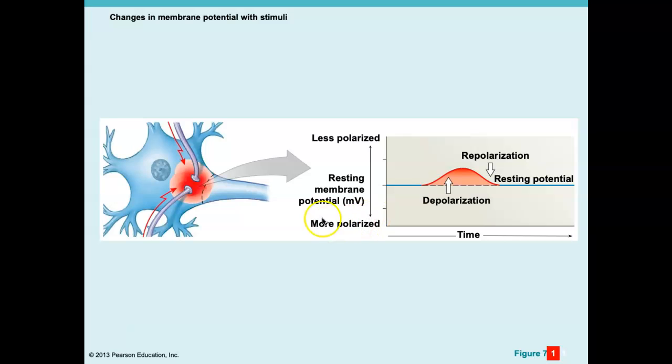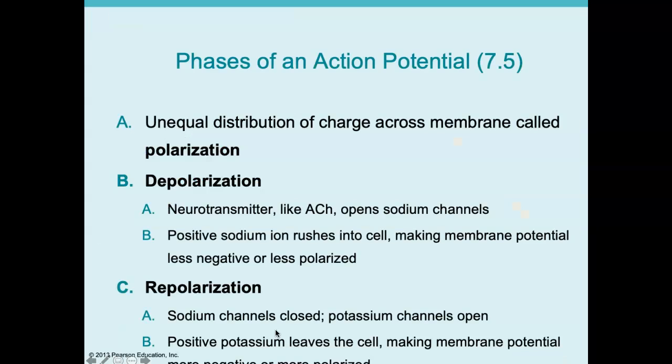And that's why on a graph like this, this would be positive up here, negative down here. The sodium rushing in is going to cause the inside to become less negative. Then the sodium channels close, and this is a little weird, instead of sodium rushing out to go back to normal, because remember, sodium rushed in and changed the charges, actually potassium rushes out.